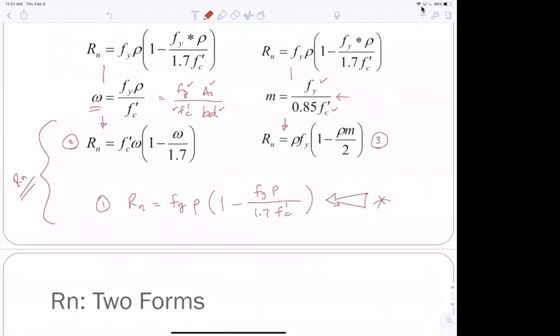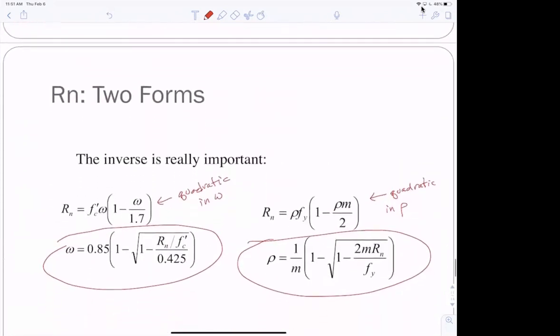I've thought about all three of those, and this equation for me has been the most convenient. Okay, so that's it for now. When we do some design examples, the utility of this equation will become more apparent. Until we start doing design of beams, you don't really need to know this.